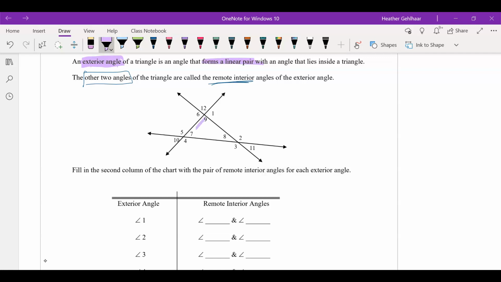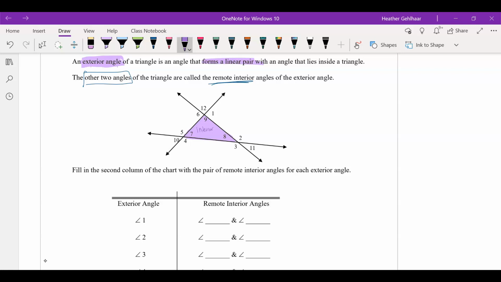So we have here this triangle inside of these lines. So I'm going to highlight that triangle. And take notice that we have an angle 7, 8, and a 9. Okay, so that's the interior. Alrighty, so then everything else is on the exterior.